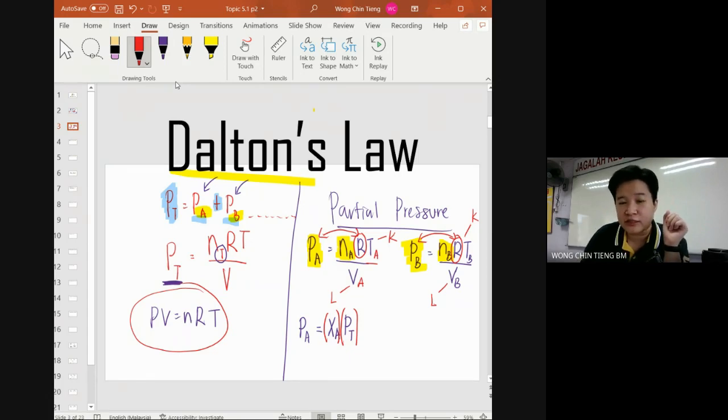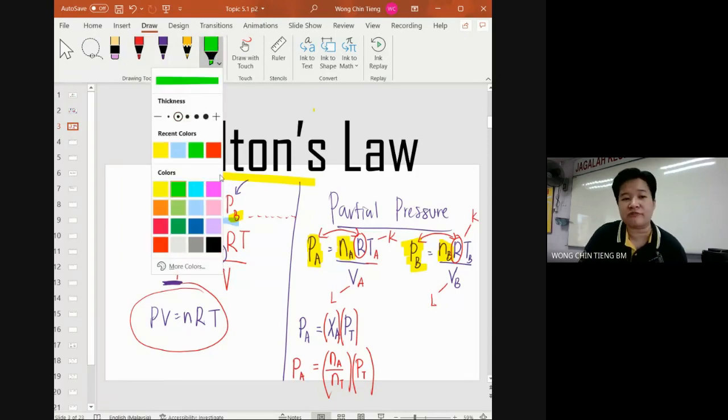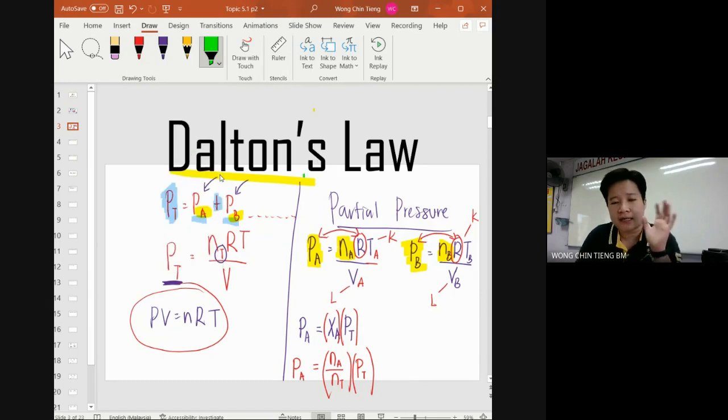So what is actually your NA? If I expand it, NA is your mole fraction, which means the number of mole of A over number of mole total, multiplied by your total pressure. That is another formula to calculate your partial pressure. Because sometimes, or most of the time in Dalton's law, the question will not only ask for total pressure.